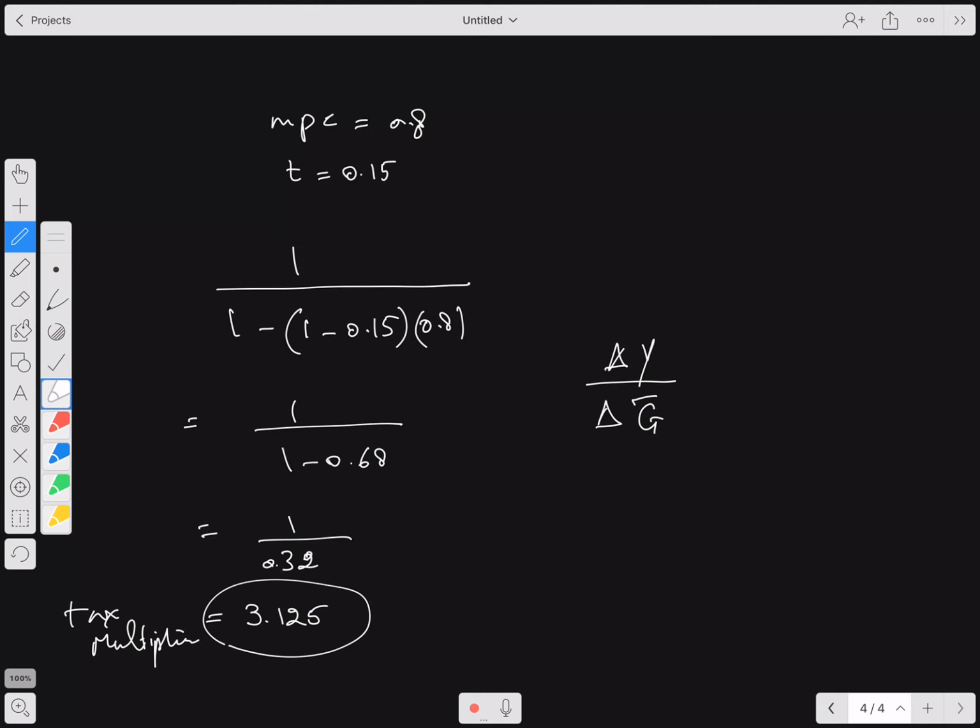The change in Y because of the change in government expenditure would be 3.125. A $1 increase here would imply about 3 times increase in Y.